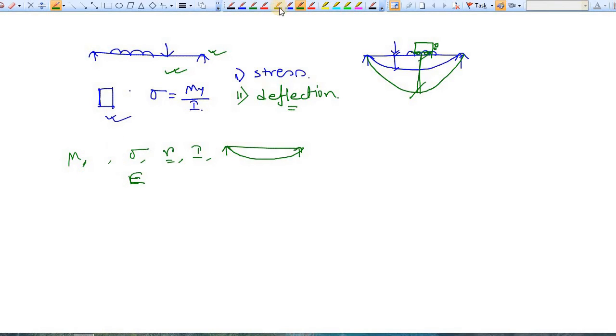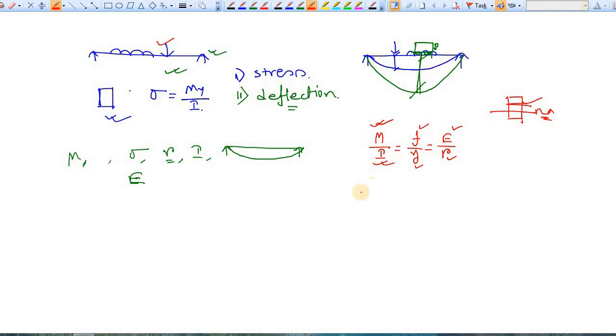What is that? The famous formula, F by Y equals M by I equals E by R. E is Young modulus, R is the radius of curvature, F is stress, Y is the distance of the fiber from the neutral axis where you are interested to find the stress, M is the applied moment caused by your load, and I is the moment of inertia about the neutral axis.